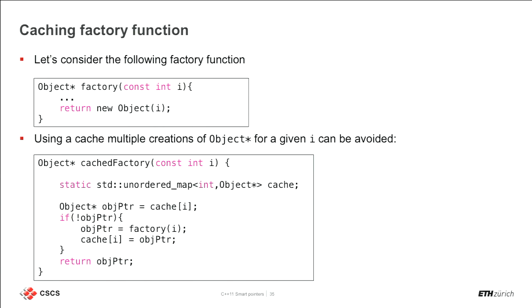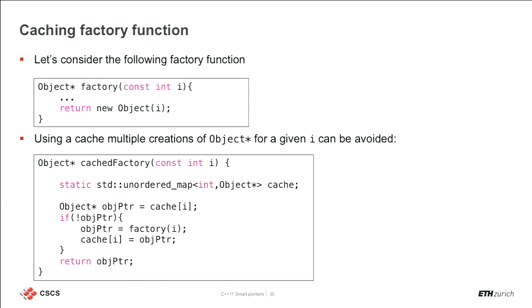You do this check in this part of the code, because here you are accessing this unordered map for this set of input parameters, so that if the object is already here, this call with the square bracket accessor to the cache will provide you a pointer to the already created object.